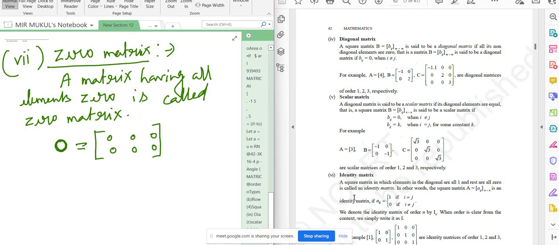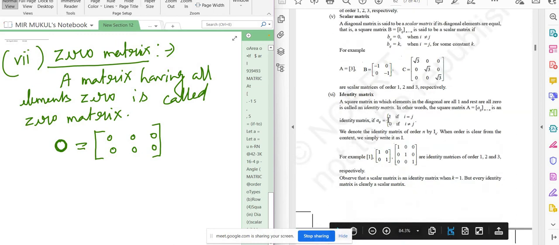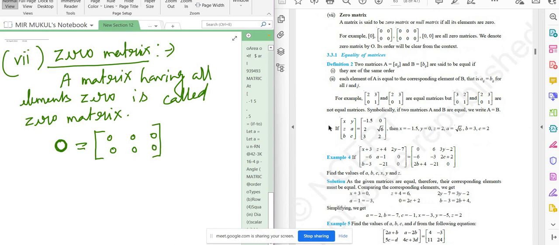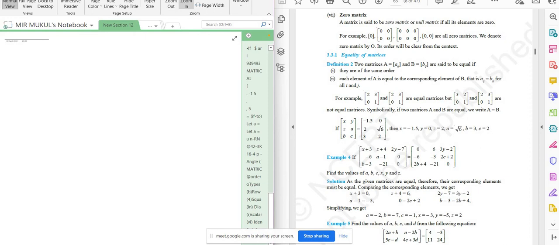So this is the zero matrix. It is not necessarily square; square or not doesn't matter. But if all elements are 0, then we can say that matrix is a zero matrix.